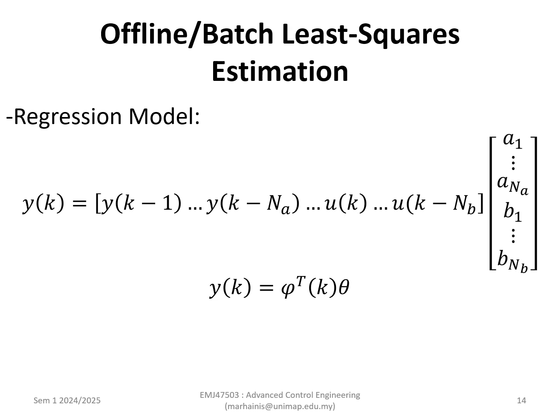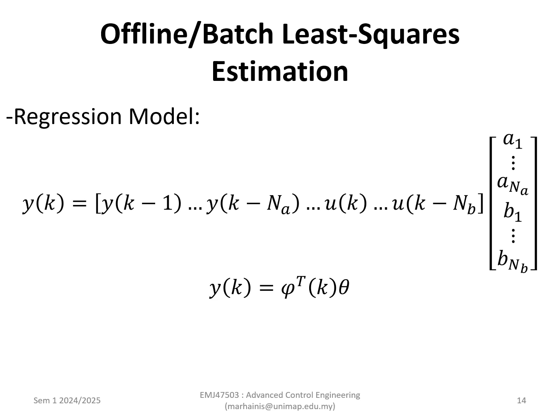The equation from the previous slide is then arranged in the regression equation form as follows. yk equal to [yk-1 ... yk-na, uk ... uk-nb] times [a1 ... ana, b0, b1 ... bnb].